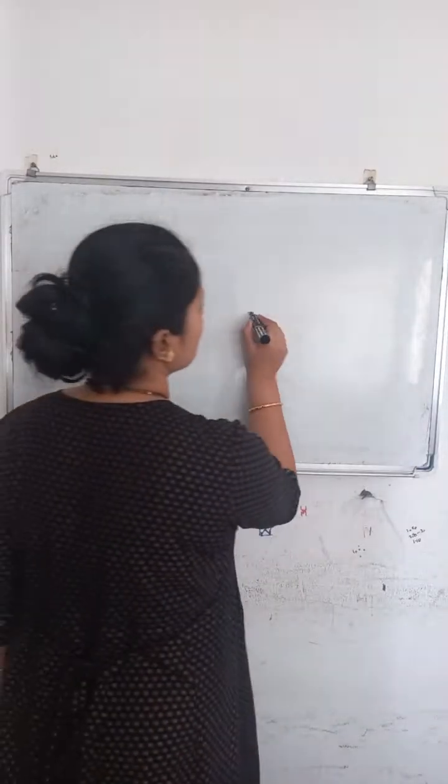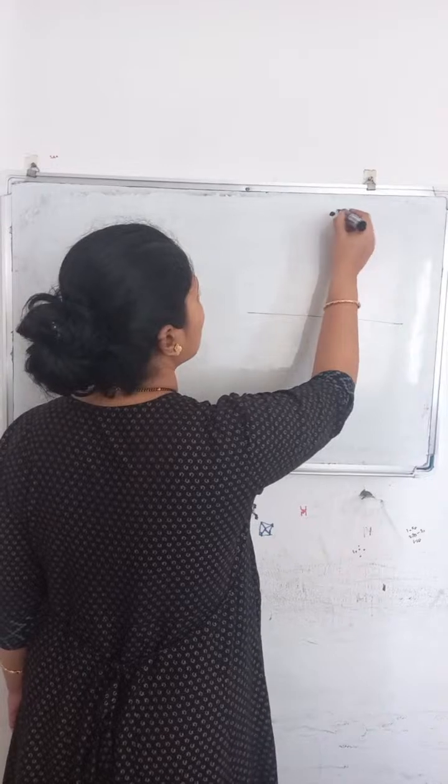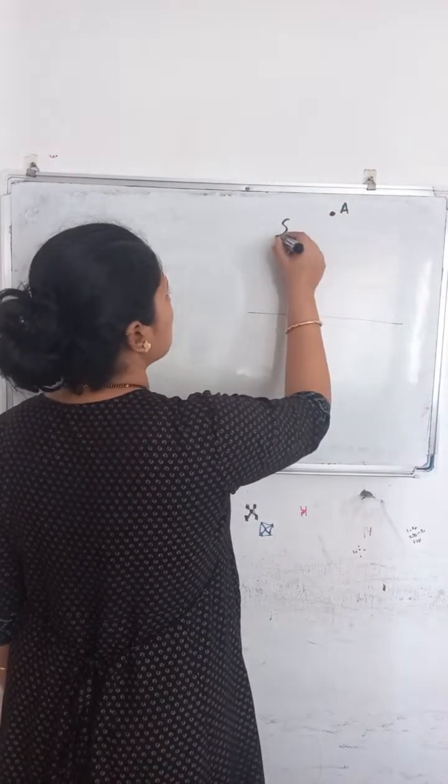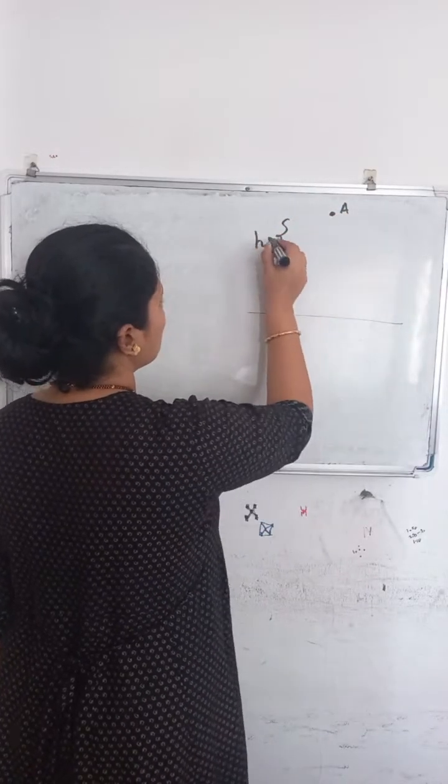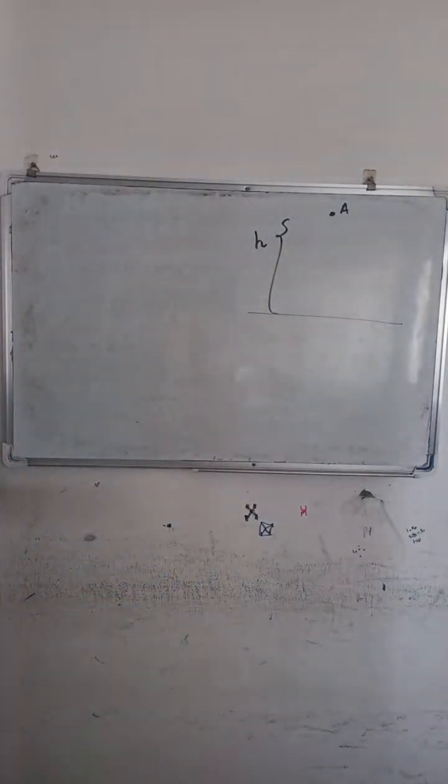Similarly, here we are showing initially a body. Suppose this is a surface and here we have a body A. Its height from the ground is h. Whenever the body is at A, at a certain height, that body has the maximum potential energy.